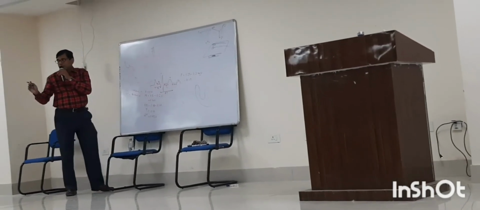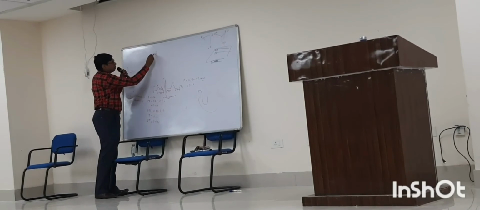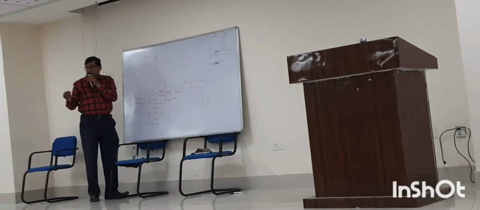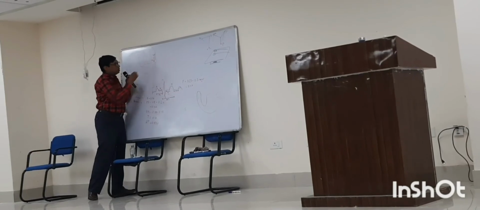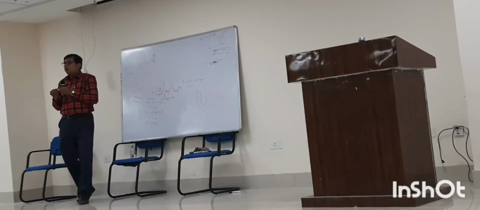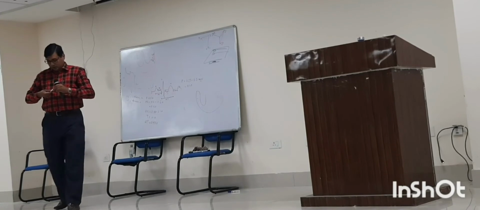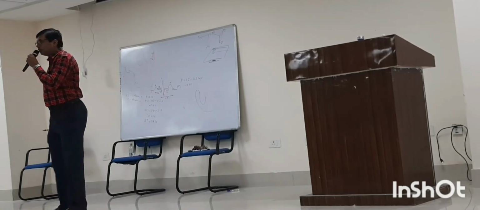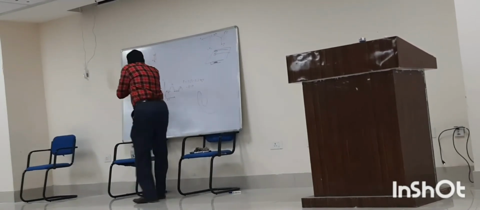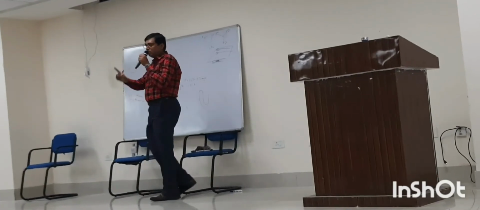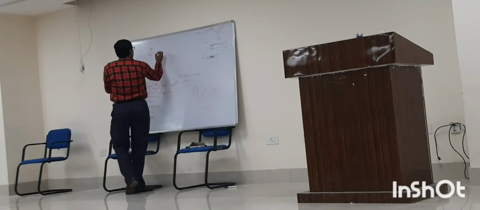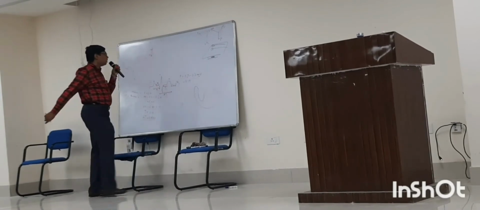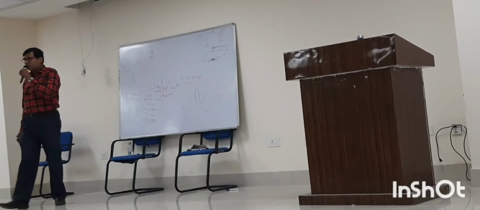So, the direction of phase 2 is this, and the direction of phase 4 is just reverse. So, the isoelectric line will no more be maintained. Suppose this is the isoelectric line.